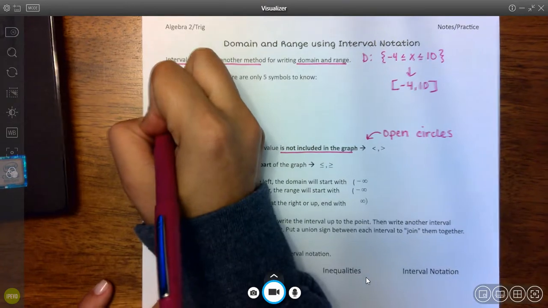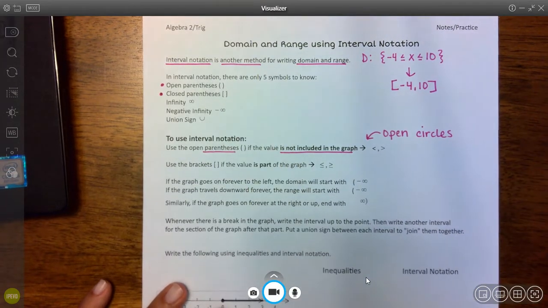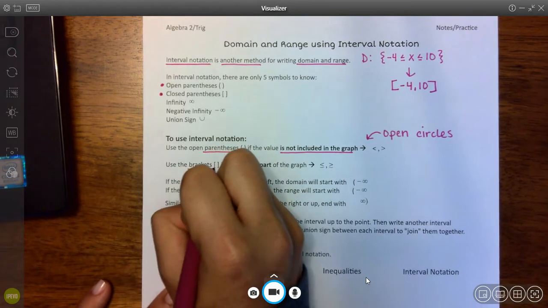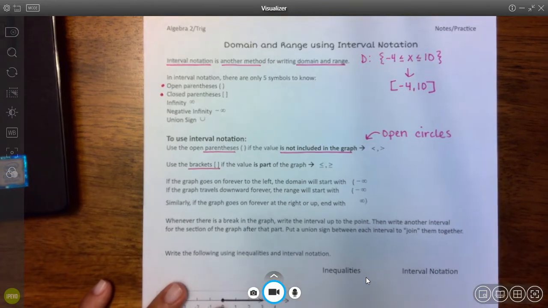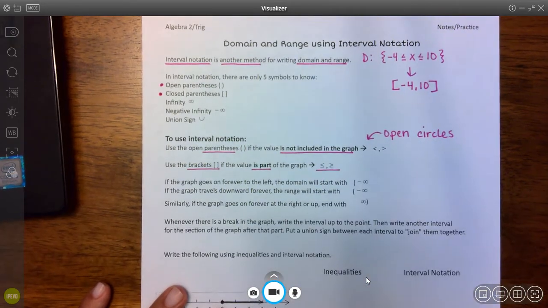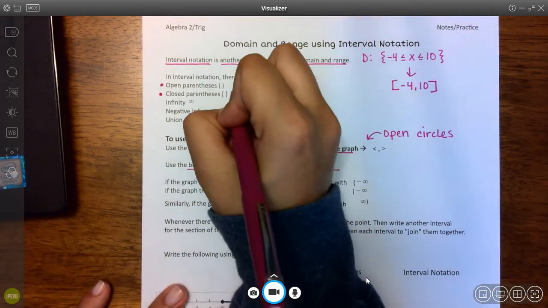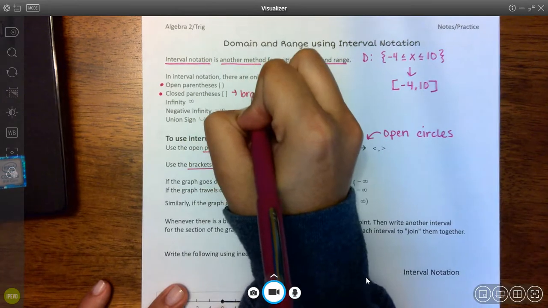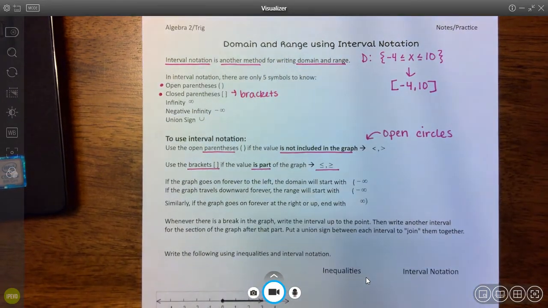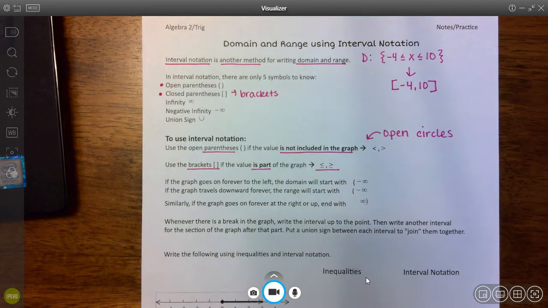We use closed parentheses in interval notation when we refer to something that is included. So it is part of the graph. Now, closed parentheses, also known as brackets, are the exact same thing. Sometimes in class you might hear me calling them closed brackets.